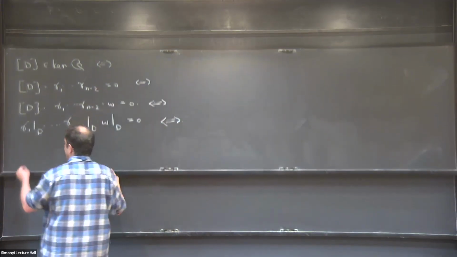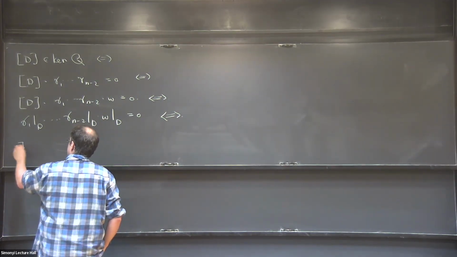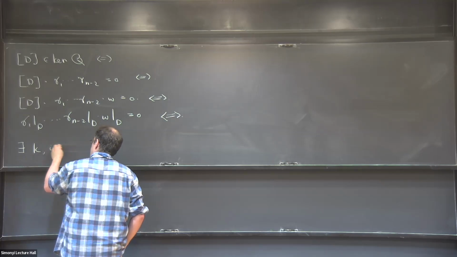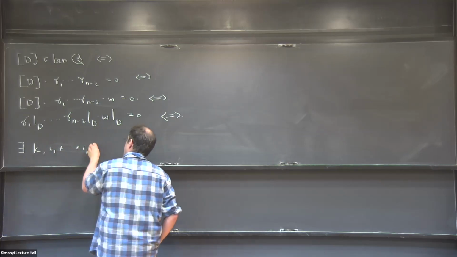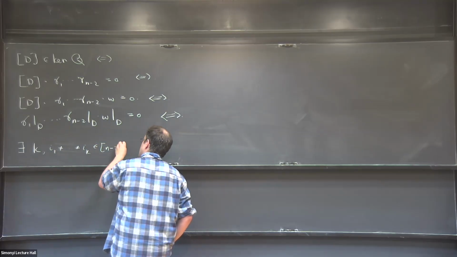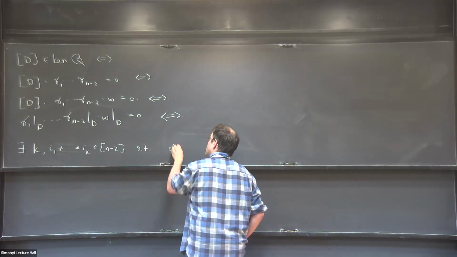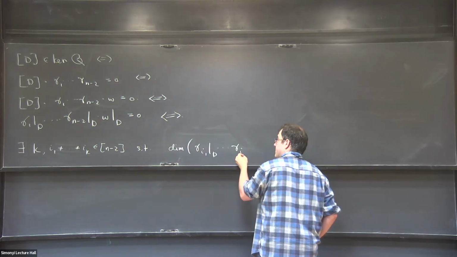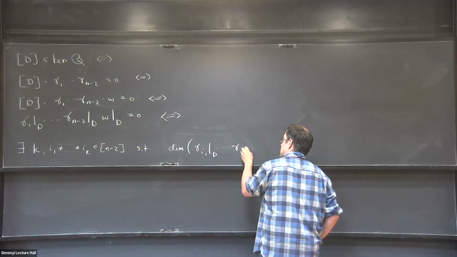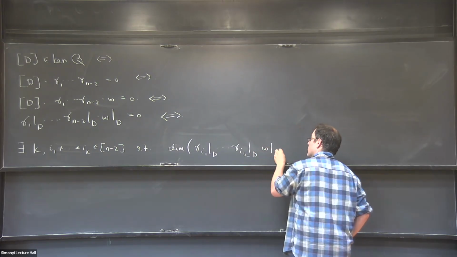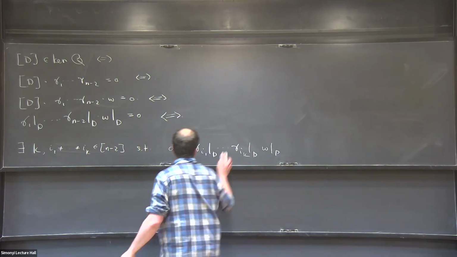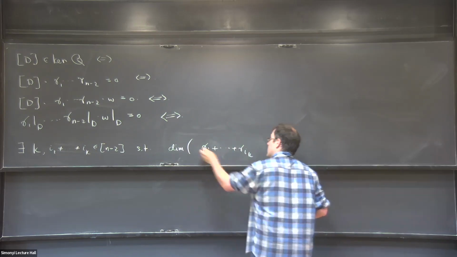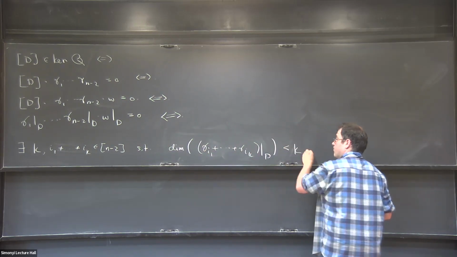Well, this is saying that there exists a subset K, with I1 through Ik in the set n-2, such that the dimension of gamma I1 and so on.